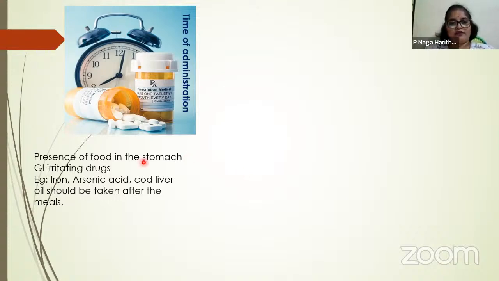Okay, so here I have given a few examples like iron, arsenic acid, cod liver oil. They should always be taken after the meals, whereas there are certain antacids which have to be taken before the meals, because first they are going to suppress the gastric content present in the stomach. Then you can take the food, and the patient won't feel bloating or a burning sensation in the stomach.